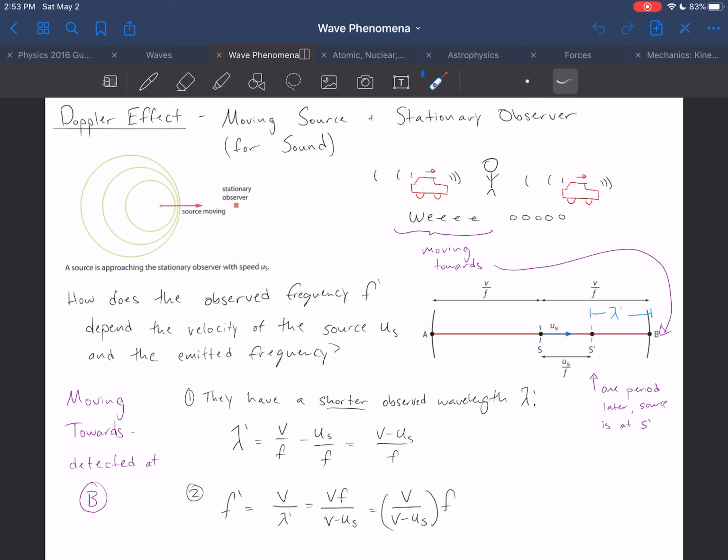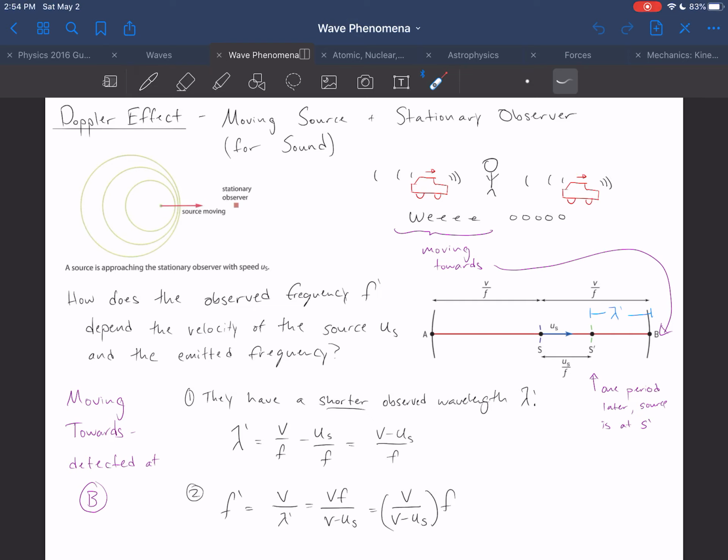And so the observer located at B, notice this is moving towards, detected at B, right? This is the observer, will detect a wavelength lambda prime. And lambda prime is going to be shorter than the original wavelength. The original wavelength can be seen to be here. It's just that distance between S and A, or for that matter, S and B.